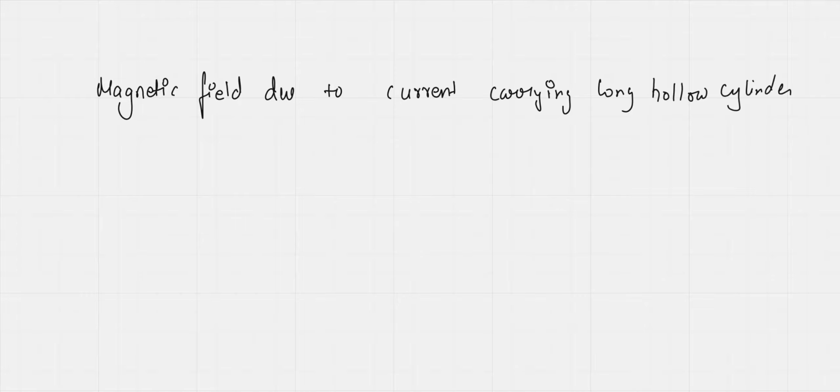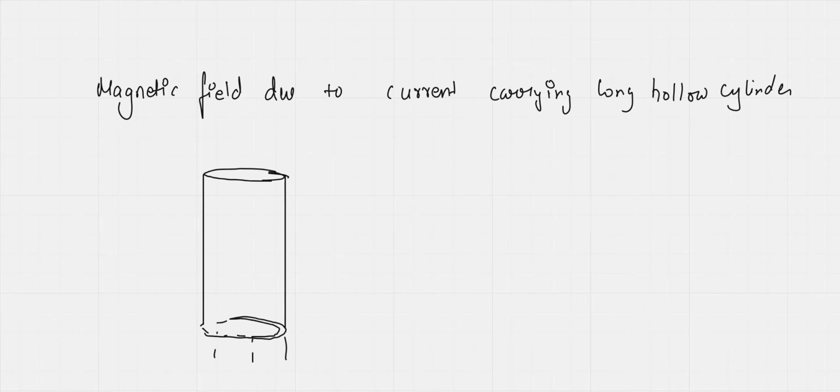So assume I have a cylinder like this, and maybe I can put the straight lines over here. And this is going to extend downward to infinity.